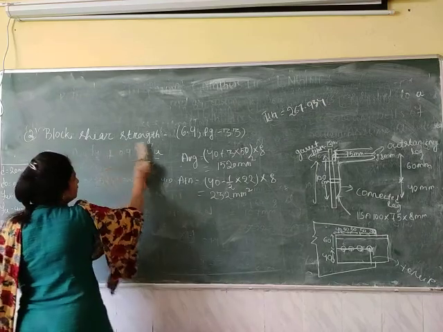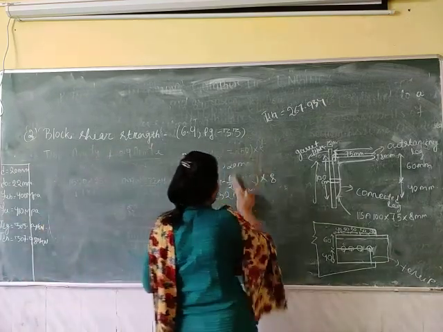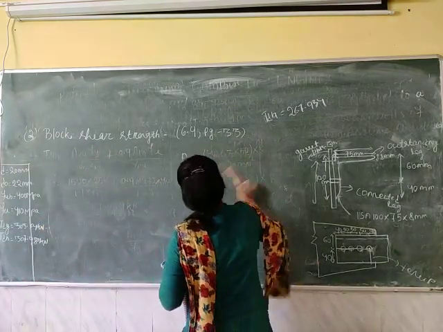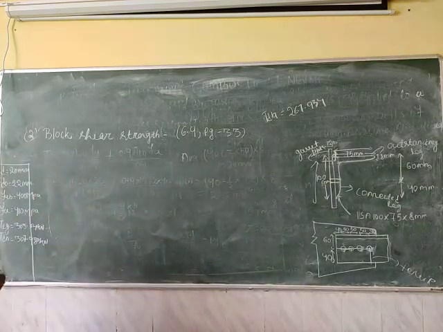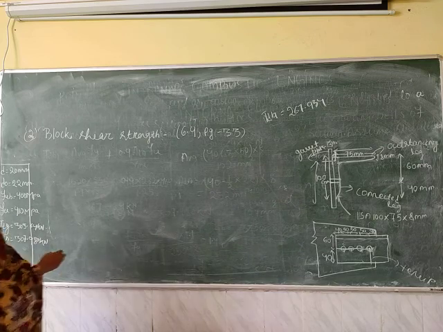Then next calculate by taking the combination of the rupture of the shear section plus yielding of the tensile section.